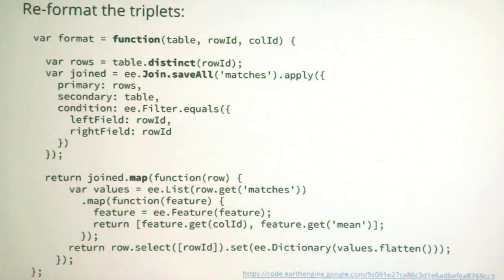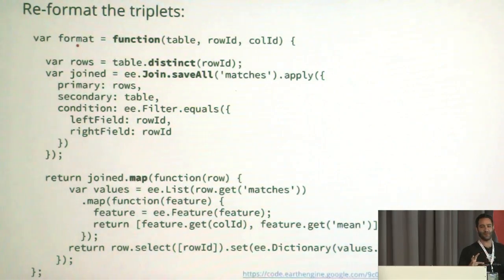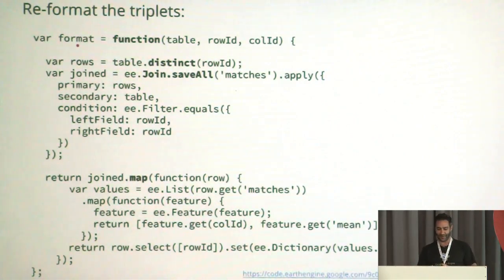And apologies, I know this is a lot of code, but here's how I think you can do this. So first of all, this is a function. And we're just calling this function format, which means that we're going to shape this set of triplets in some way. And the first thing that we do is define the rows.